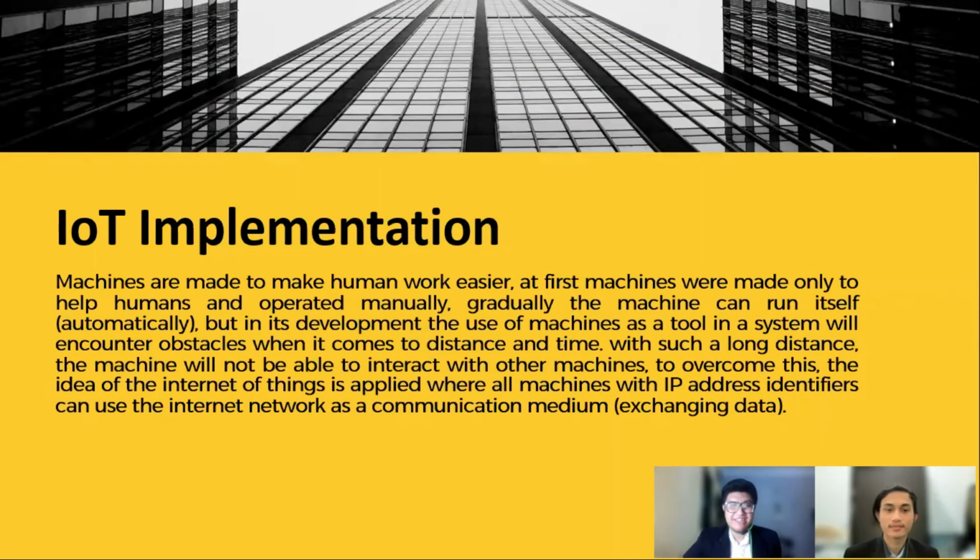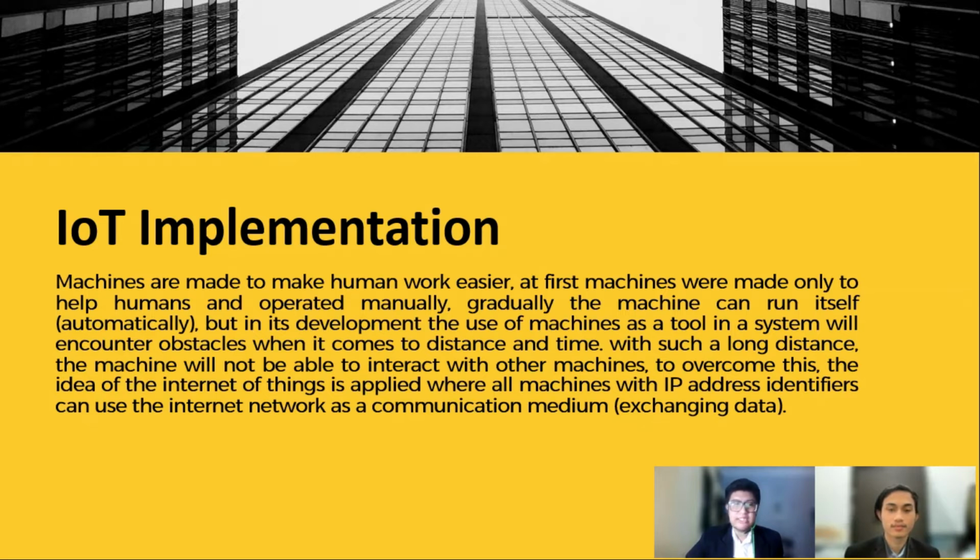IoT implementation. Machines are made to make human work easier. At first, machines were made only to help humans and operated manually. Gradually, the machine can run itself automatically. But in its development, the use of machines as a tool in a system encounters obstacles when it comes to distance and time.